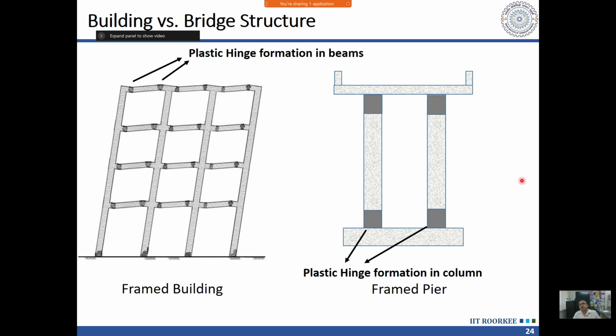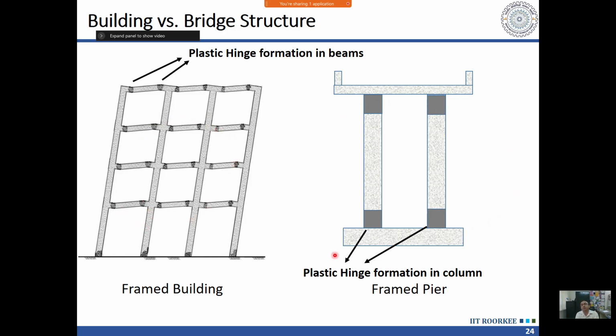If it is a single column bent, then the hinge will form at the base only. And that's the reason that the energy dissipation in bridges is going to be much less than that of a properly detailed and designed building. So we can use a much larger response reduction factor in case of buildings as compared to bridges.